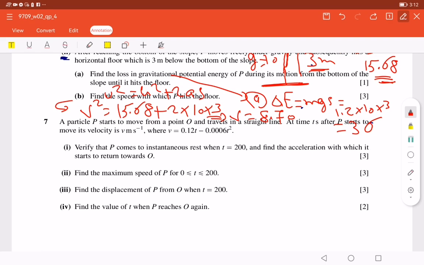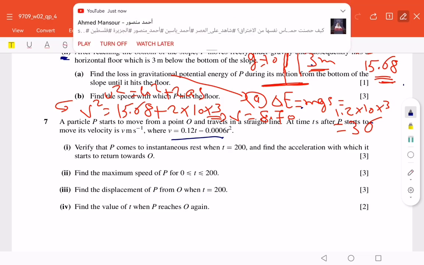Now move to question number 7. To solve question number 7, read it correctly. A particle P starts to move from a point O and travels in a straight line. At a time t seconds after P starts to move, its velocity is v meters per second, and the equation of the velocity in general is v equals 0.12t minus 0.0006t squared.